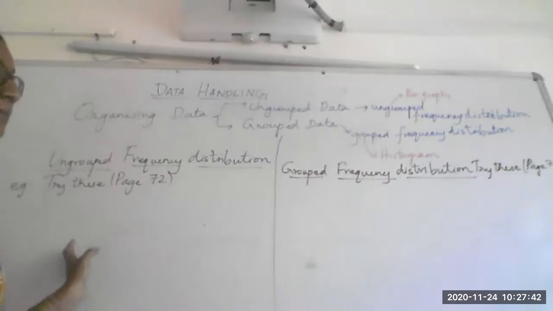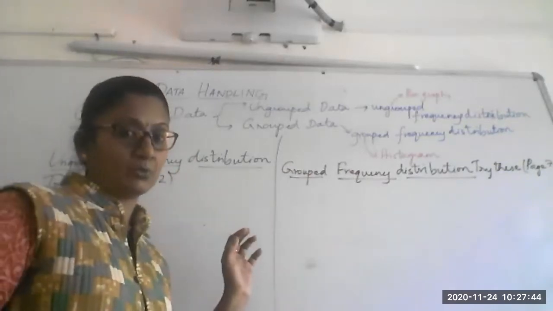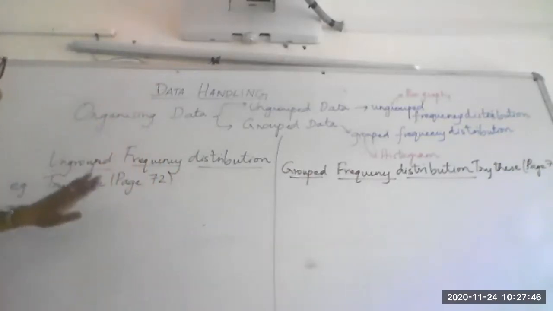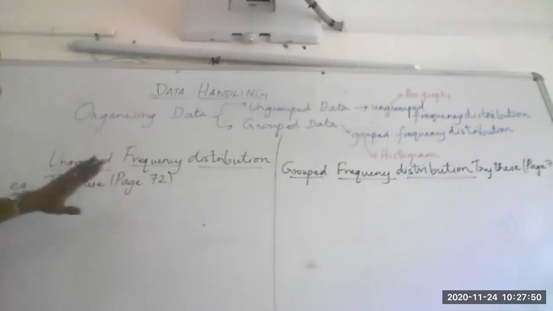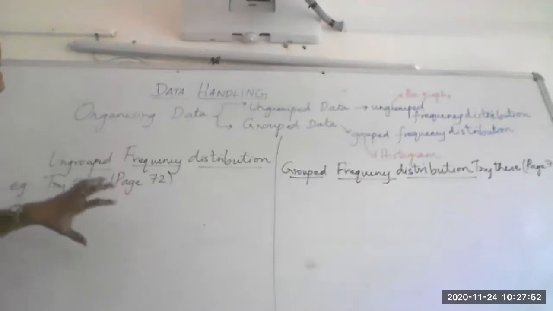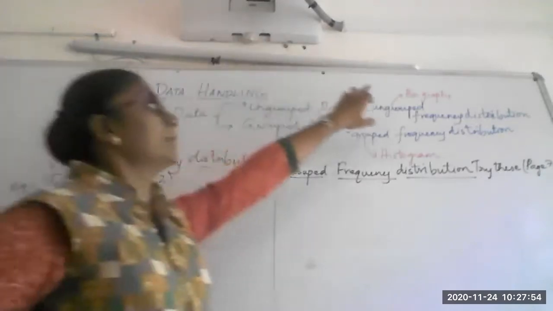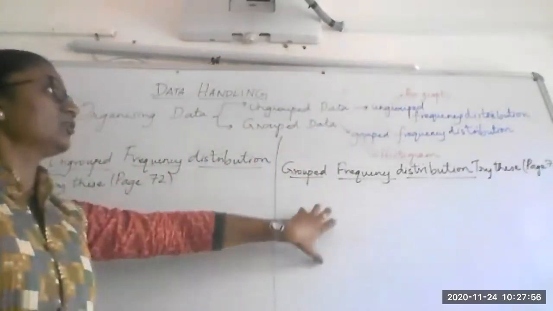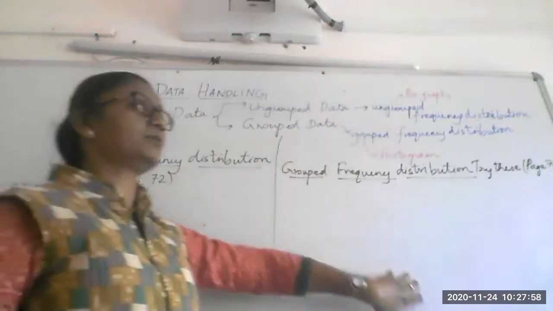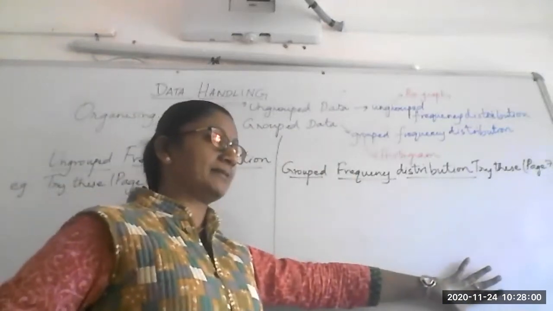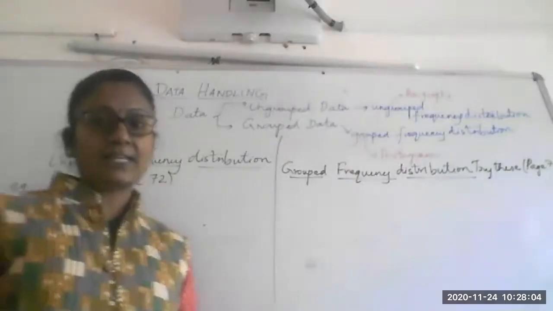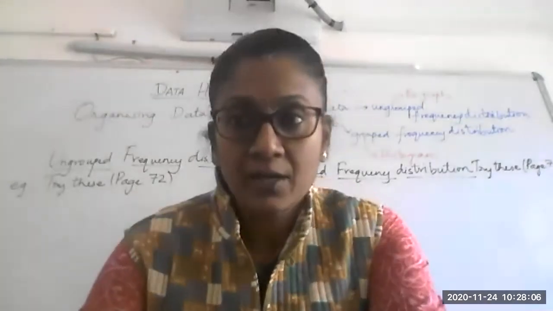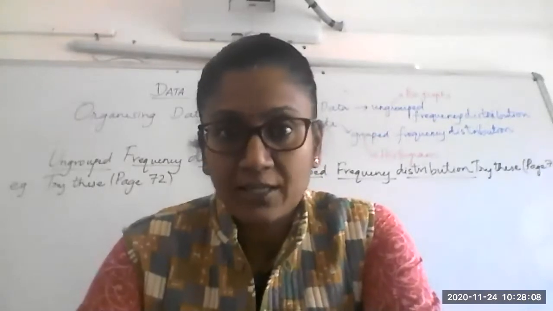Both of these are prepared from the raw data which is available to me. Once you are able to prepare the ungrouped frequency distribution and put it in the form of a graph, I will be getting a bar graph. And when I put the grouped frequency distribution in the form of a graphical representation, I will be drawing the histogram.